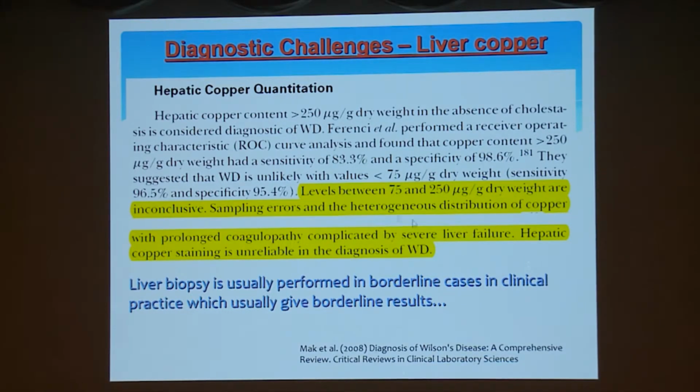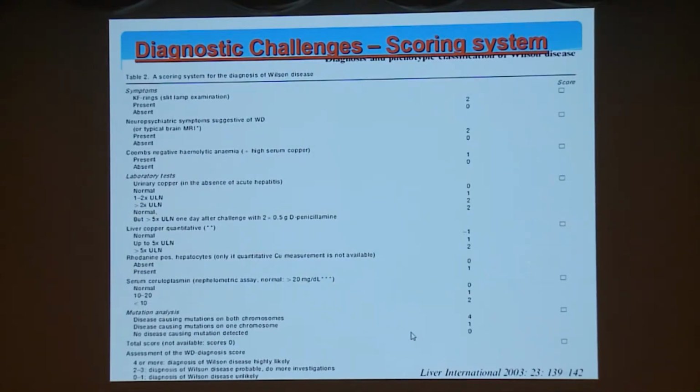And because of the heterogeneous distribution of the copper in the liver, most of the results come back in the inconclusive region as well. So even the guidelines nowadays still recommend liver biopsy, but in our laboratory, we can provide a genetic diagnosis within 1 or 2 days. So I would believe that with nowadays' technology development, the laboratory should be able to provide you an urgent request on genetic tests for Wilson disease.